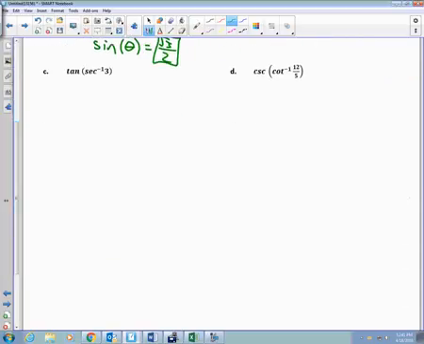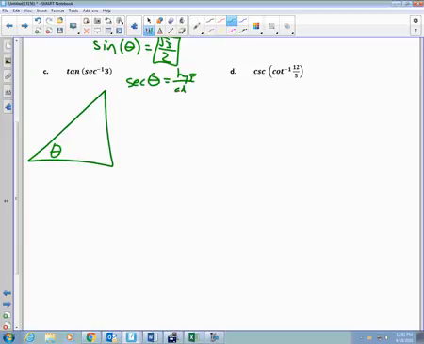Tangent of secant inverse of 3. What is secant in terms of opposite, adjacent, hypotenuse? What's cosine? Adjacent over hypotenuse. So secant will be hypotenuse over adjacent. So hypotenuse will be 3. Adjacent will be 1.